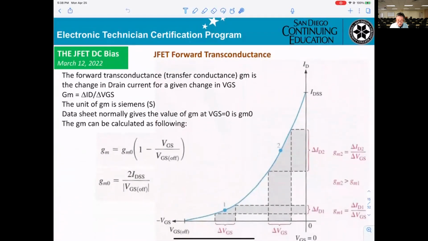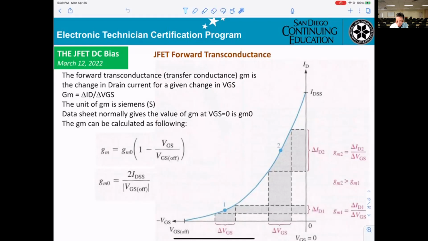That's what they're talking about: forward transconductance. Forward transconductance, or transfer conductance, gm, is the change in the drain current for a given change in VGS. So by definition, gm equals delta ID divided by delta VGS.